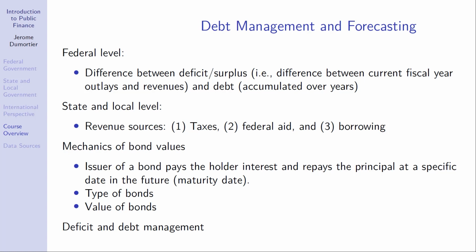This will involve looking at the mechanics of bond values. Basically, the issuer of a bond pays the holder of the bond interest and repays the principal at a specific date in the future, which is usually called maturity date. We are going to look at the mechanics and how to value this bond.